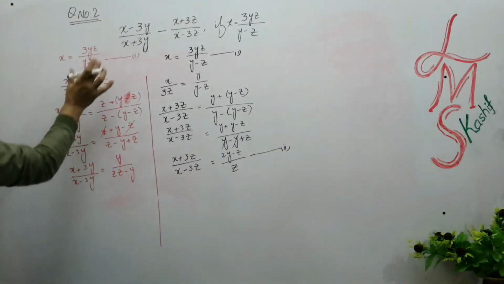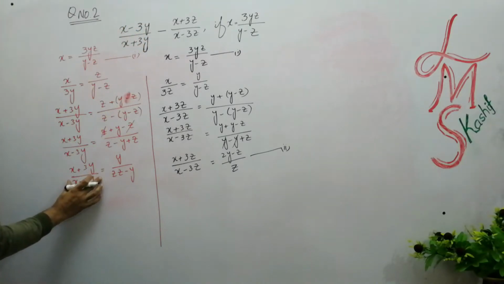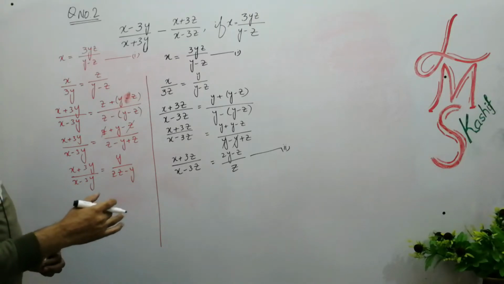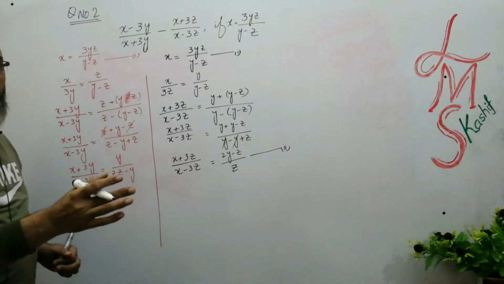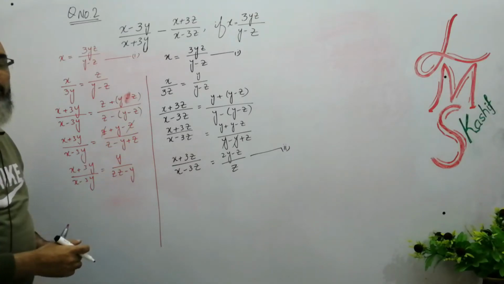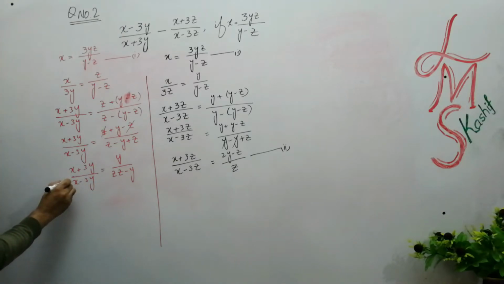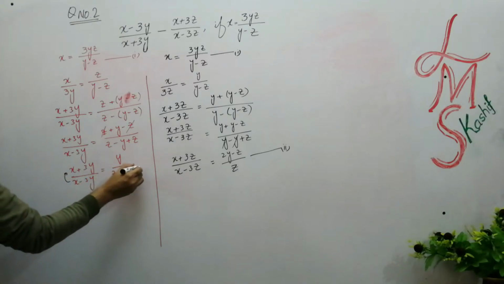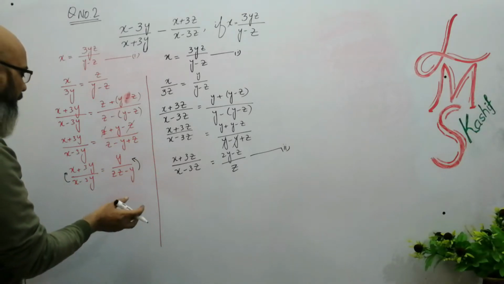Now here we need x - 3y in the numerator, but if we look, it is in the denominator. So as we read in the properties or theorems of proportions, we use the invertendo theorem. It means we can invert it, making the numerator the denominator and the denominator the numerator.